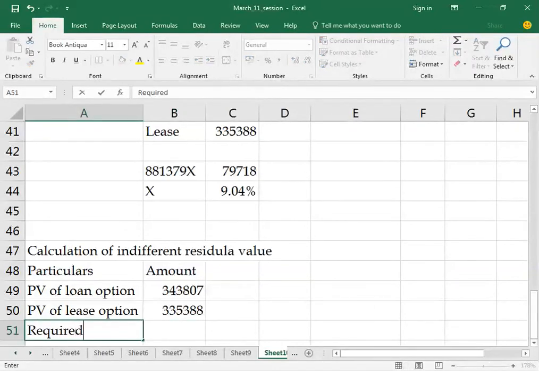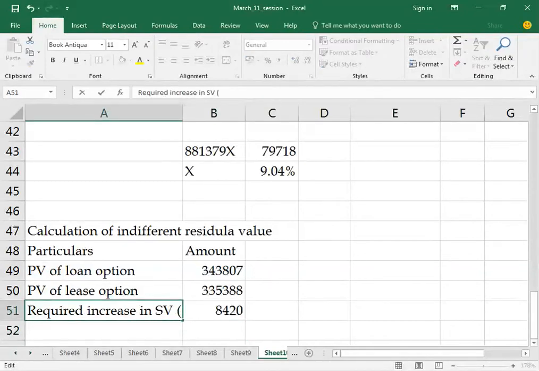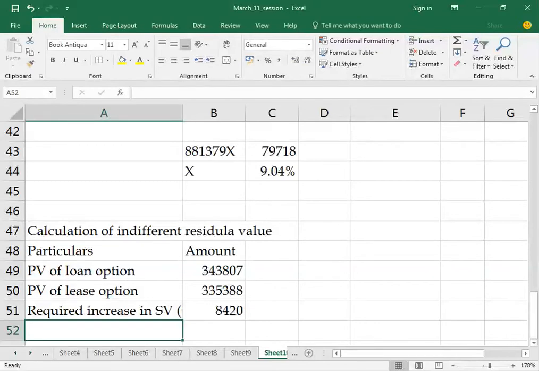So required increase in salvage value: if my salvage value goes up by this amount, my present value of loan option can come down. Required increase in salvage value without adjustment for time value of money. Net increase is 8420.